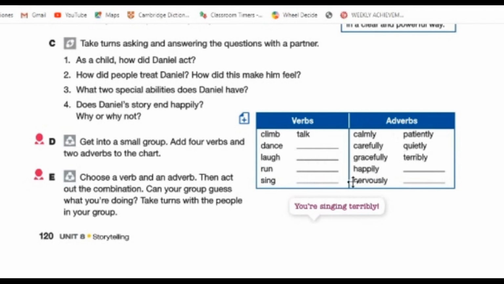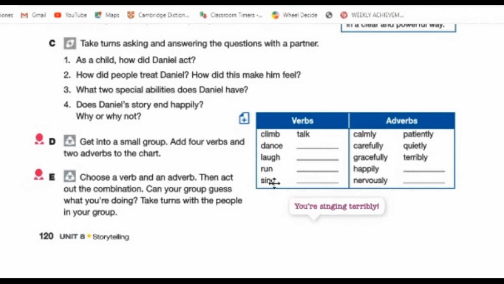So you have happily, nervously, terribly. So another adverb, for example, for sing, you can say well, terribly, beautifully.